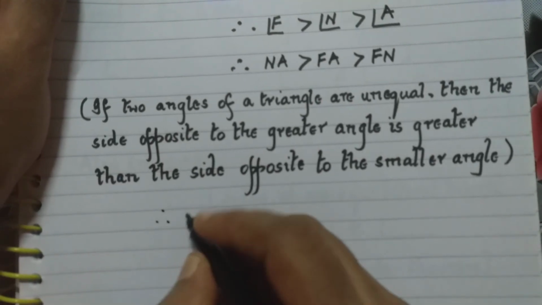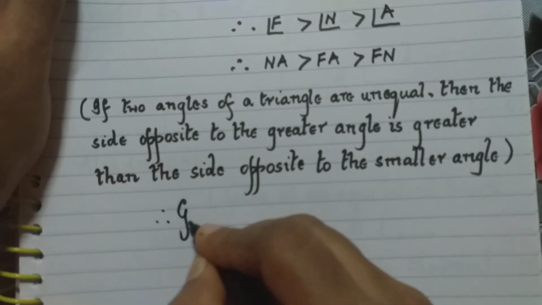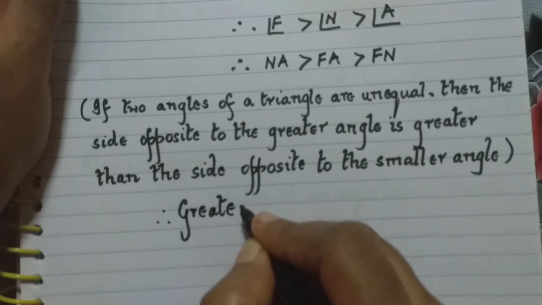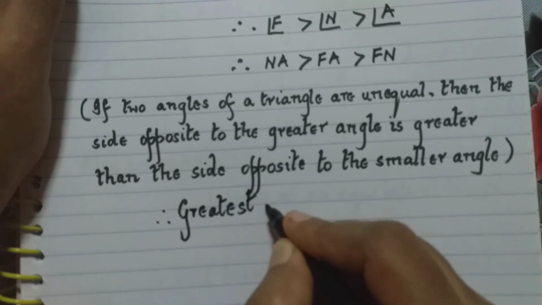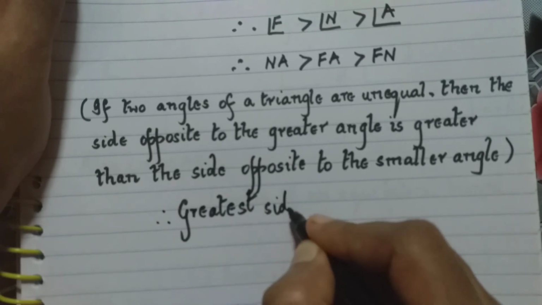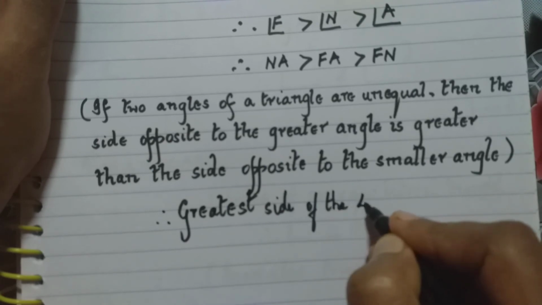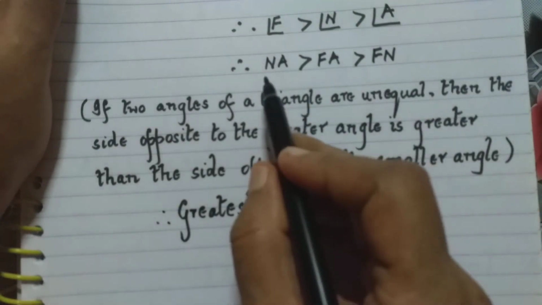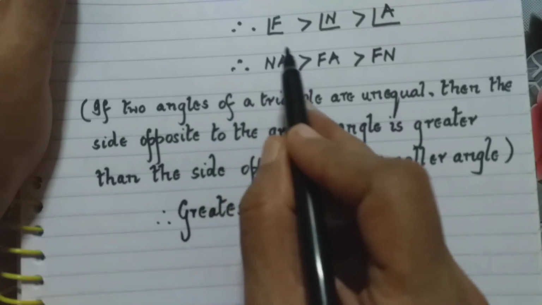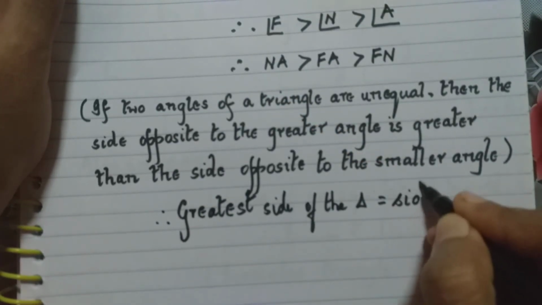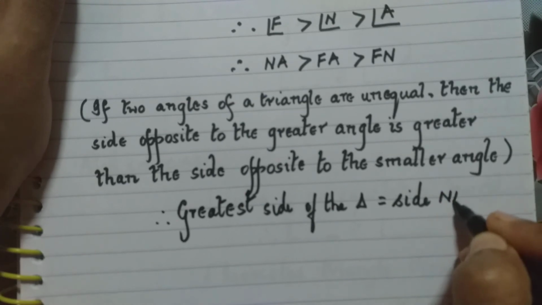Therefore, the greatest side of the triangle is equal to, look here, which is the greater side? NA is greatest. So you can write side NA.